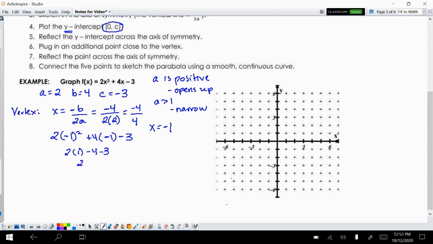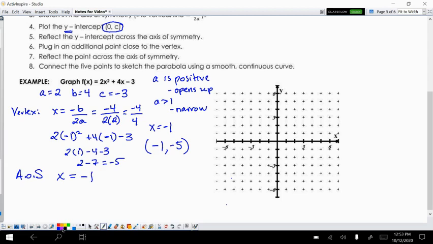So 2 minus 7 equals -5. So our vertex is at -1, -5. That also means our axis of symmetry is at x equals -1. Remember, those are always connected, vertex and axis of symmetry.